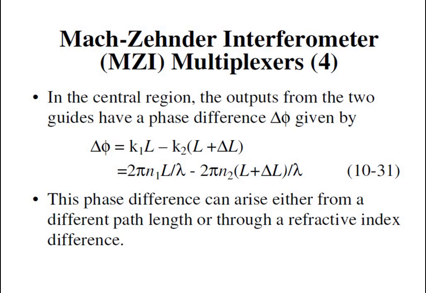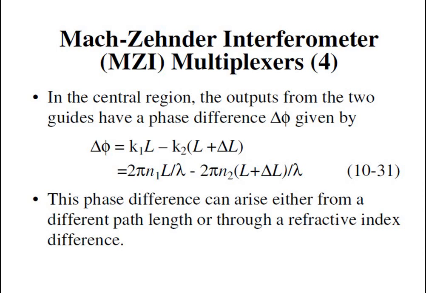When the signals in the two arms come from the same light source, the output from these two guides will have a phase difference of delta phi. Why will it have a phase difference? Because the length of one waveguide is longer than the other waveguide by a factor delta L.